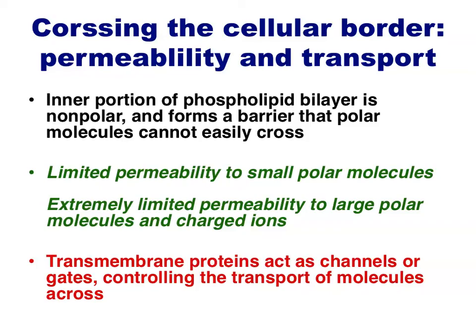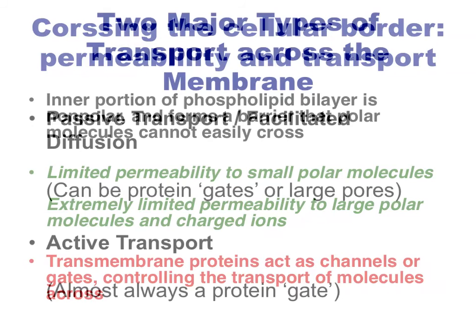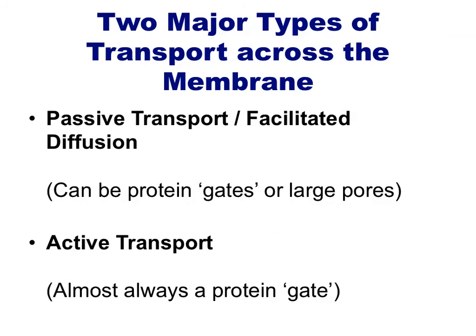In order for these molecules to get in or out of a cell, they must travel through special channels or gates in the membrane, which are formed by integral proteins. We will talk about two different types of movement across the membrane.